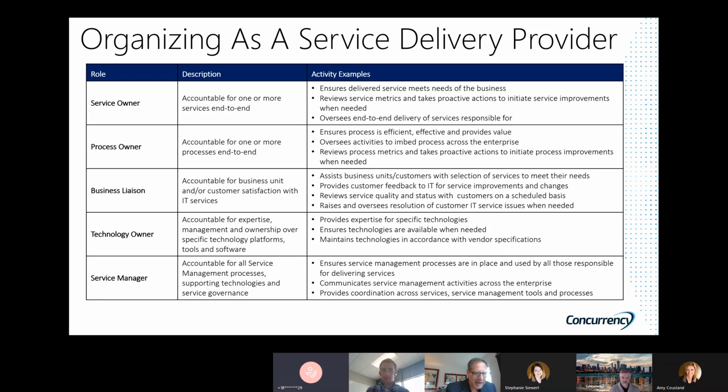And then lastly, a service manager, which is sitting on top of this overall set of roles to make sure things are functioning and flowing correctly. And they're being held accountable for the overall service directive.